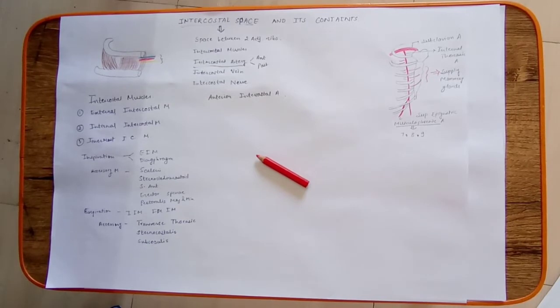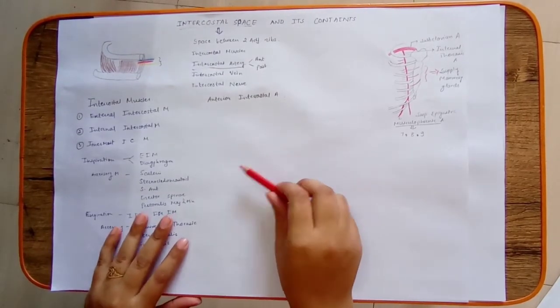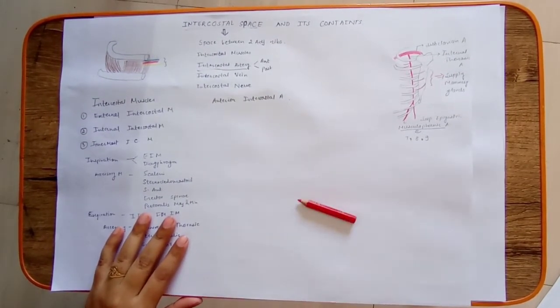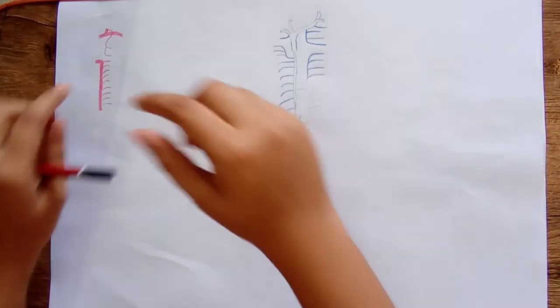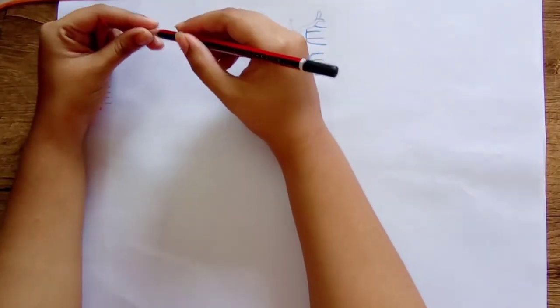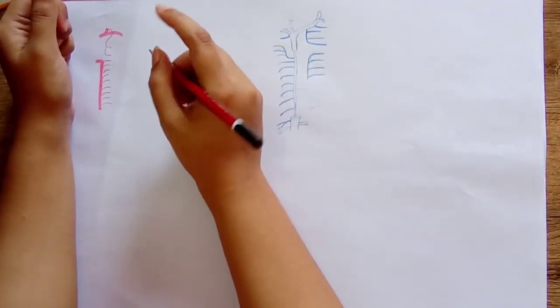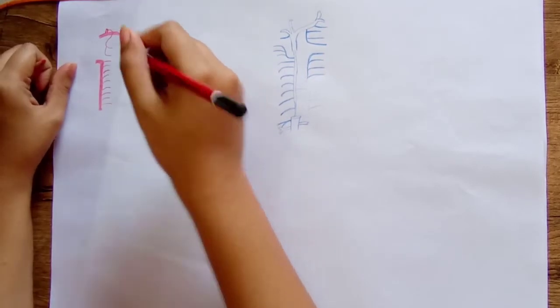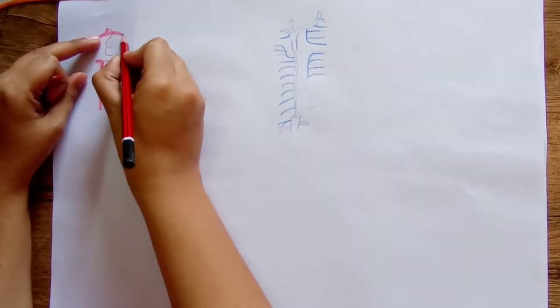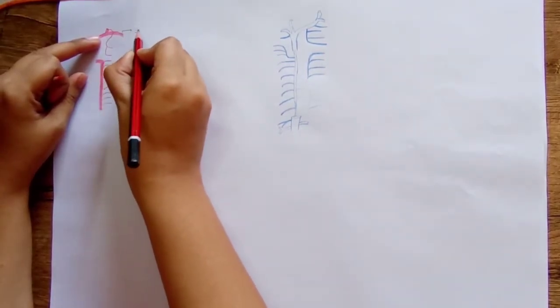Now we'll discuss the posterior intercostal artery. On the posterior side of the intercostal spaces, unlike the anterior side, there is a single artery supplying each of the intercostal spaces. This is the subclavian artery.